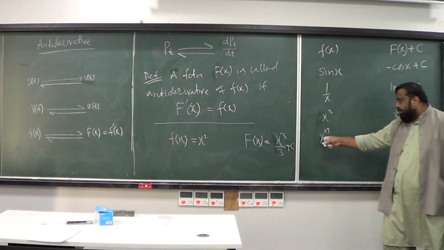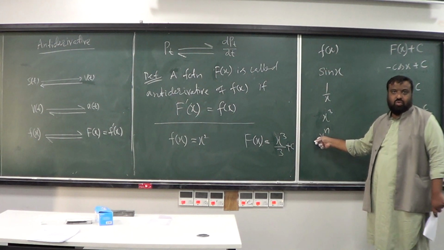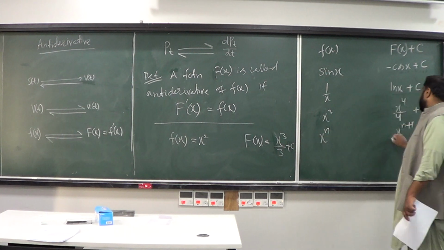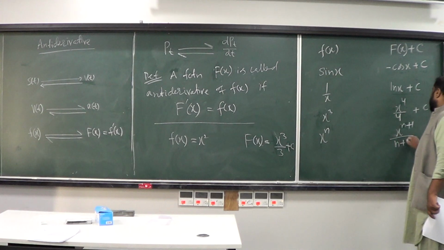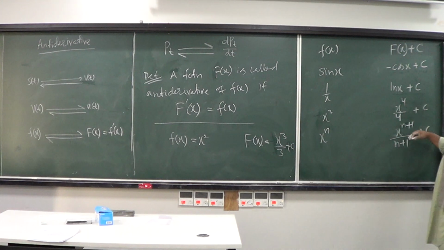But I don't want n plus 1 here. So what should I do? Let's divide this by n plus 1, plus c. If I differentiate x power n plus 1 divided by n plus 1, the n plus 1 will be multiplied, which will cancel, and minus 1 in the power would give you x power n. So in antiderivative, you have to kind of guess the function whose derivative is this function.